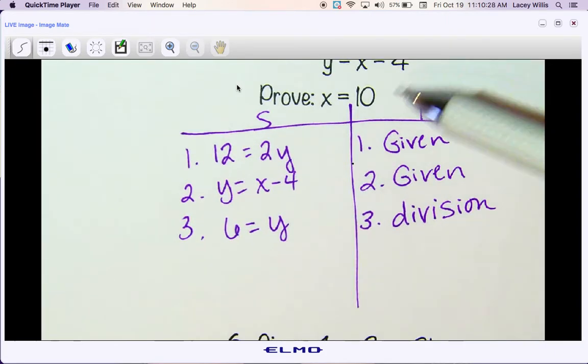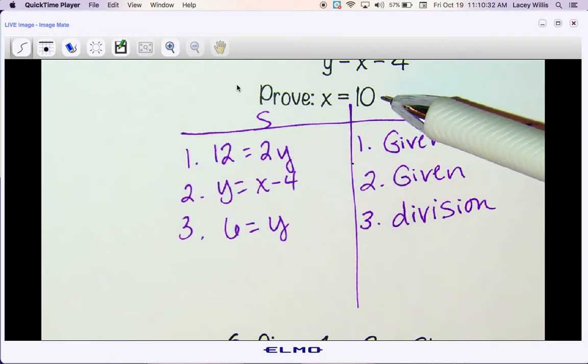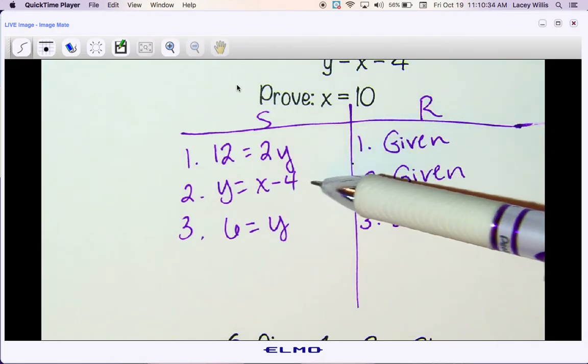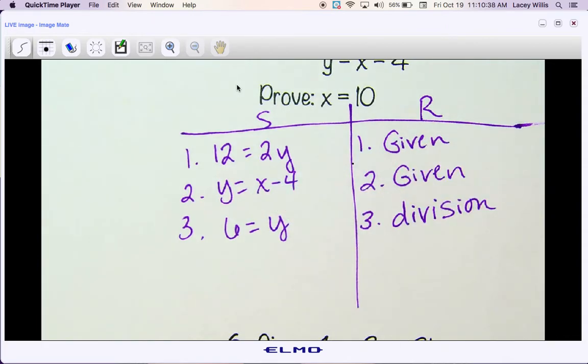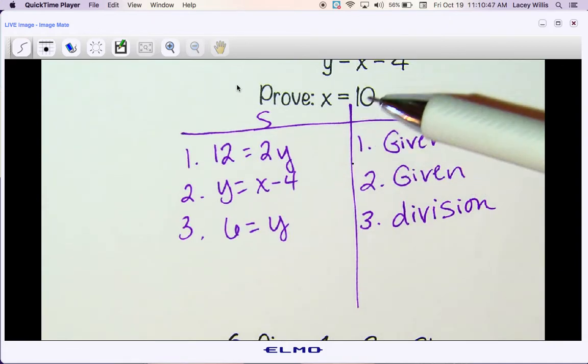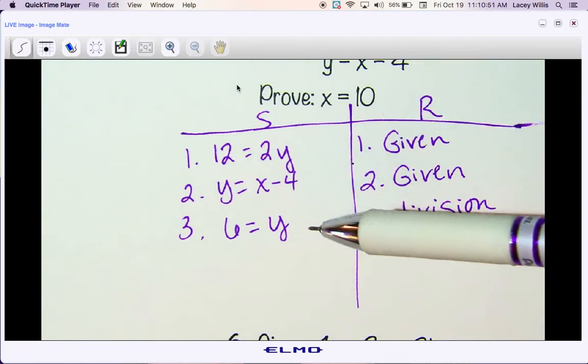Was that what we were trying to prove? No. Okay, so if we're trying to prove x is 10, that means we have to solve an equation with x in it. Can you solve an equation that has 2 letters? No. What can you do? Substitute the y for an x. You're on the right track, but you said it wrong.